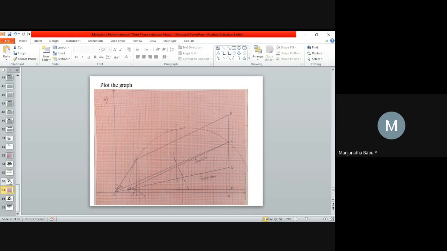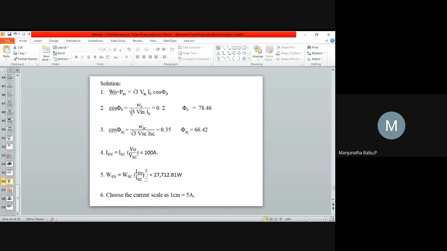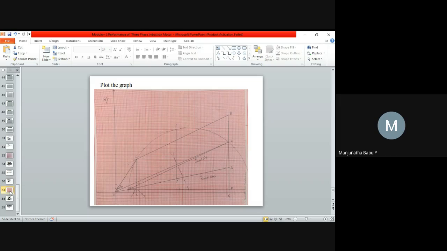From the no load power factor, cos phi is equal to 0.2, the angle is 78.46. With respect to the graph, take the reference as the y-axis. From the y-axis, make a point at 78.46 degrees. Mark a point.